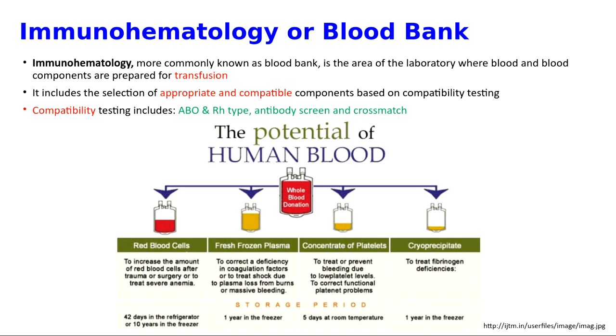It is also known as blood bank. Why? Because that is a department that deals with the components, the packed cells, the plasma, the platelets, or the cryoprecipitate that are donated so that those products can be processed and transfused to patients.